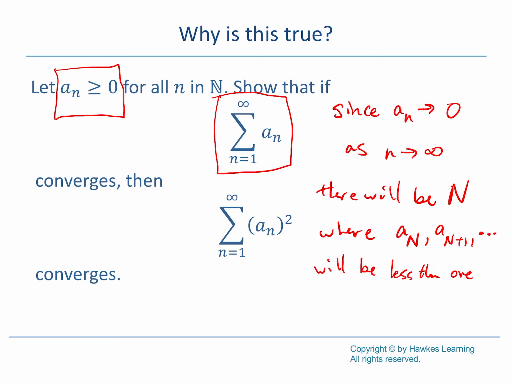So this gets to the idea of having a limit that approaches 0. 1 is our epsilon here, if you want to look at the definition of the limit. But yeah, there will be, at some point n, everything else will be less than 1.